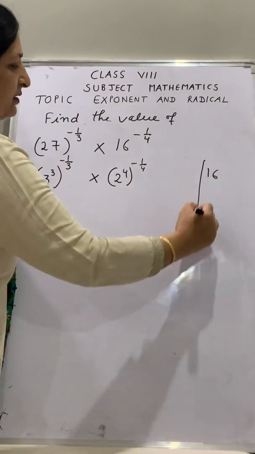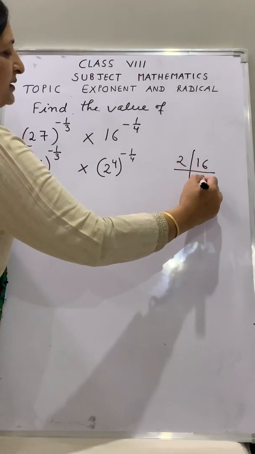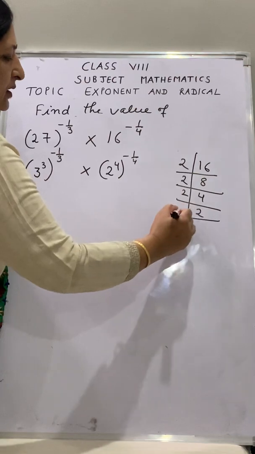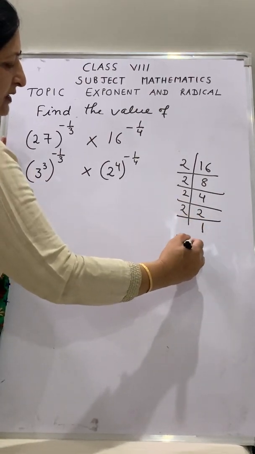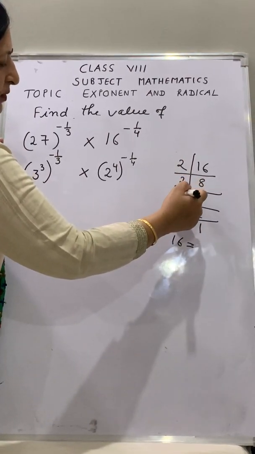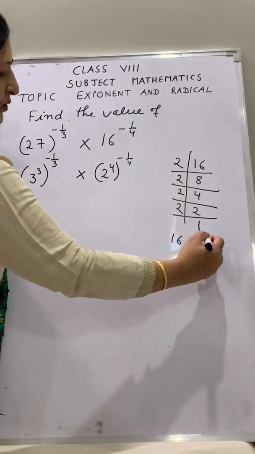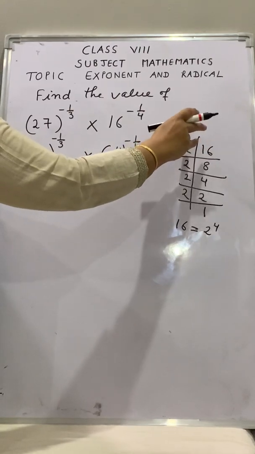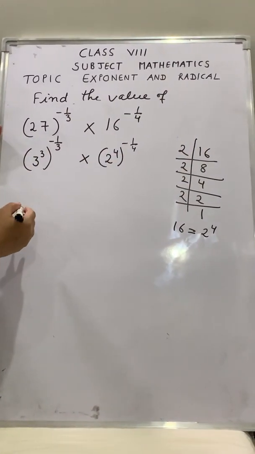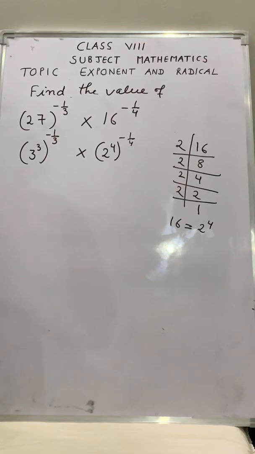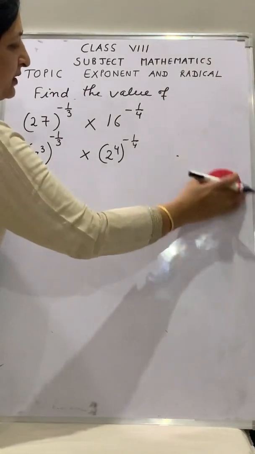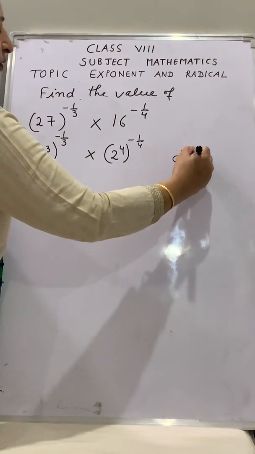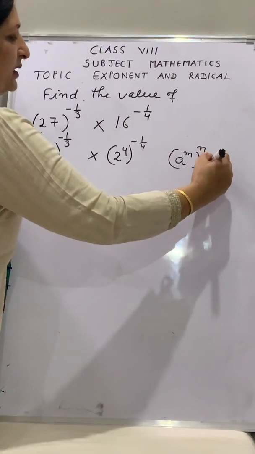You can make prime factors in rough. 16 is divisible by 2: 8 twos, 4 twos, 2 twos, 1 two. So 16 is 2 multiplied by 2 multiplied by 2 multiplied by 2, which is 2 raised to power 4. Now we will apply which rule of exponent? a raised to power m whole power n is a raised to power mn.